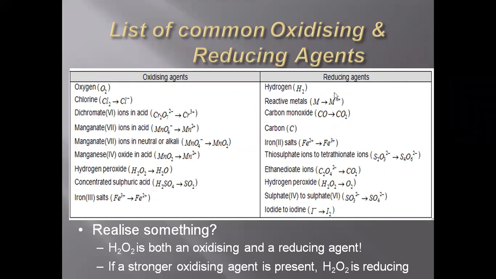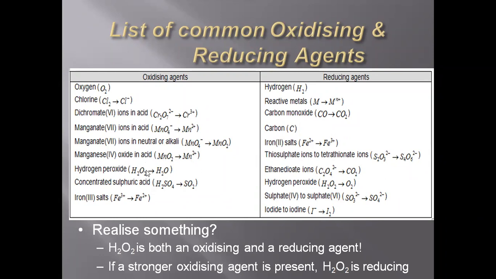I think you all realize that H2O2 is both an oxidizing and reducing agent, as you can see here. Peroxide is also an oxidizing agent, and peroxide is also a reducing agent. So this is common for both of them. Why? Because if a stronger oxidizing agent is present, H2O2 is reducing. So it depends on the oxidizing and reducing agent what happens with peroxide.